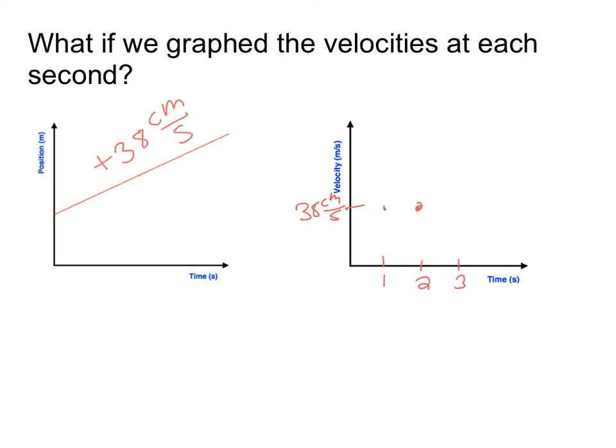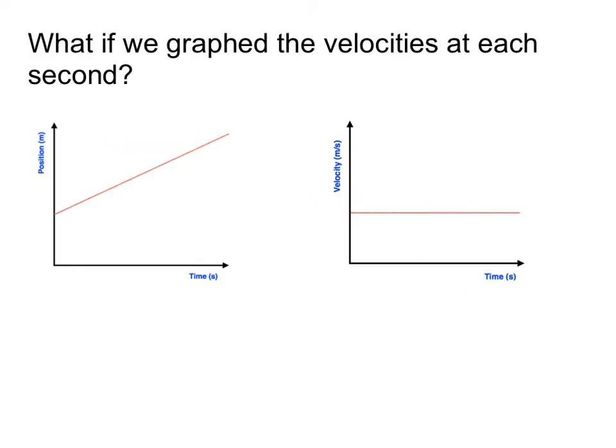At 3 seconds, 38 centimeters per second, and so on. So what we'll actually see is a horizontal line. So the velocity is constantly 38 centimeters per second. And here we have it. The title of the unit is the constant velocity unit.